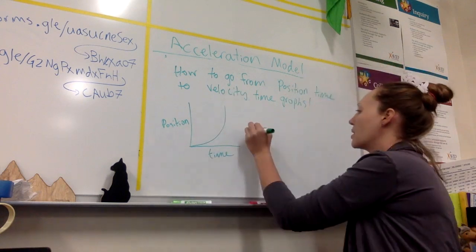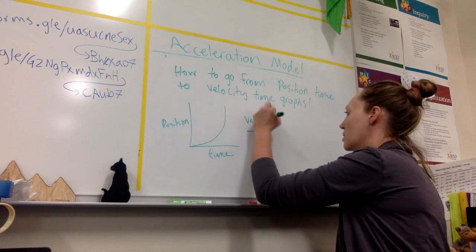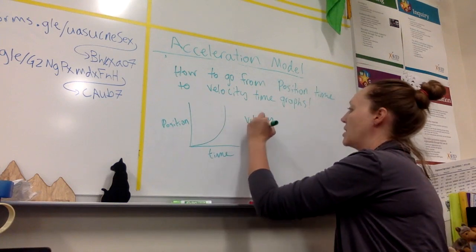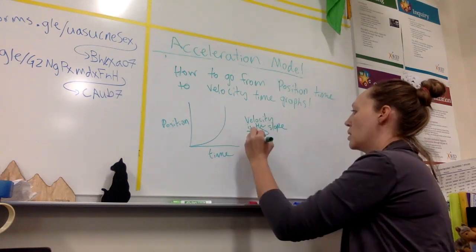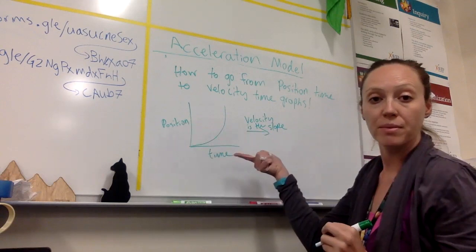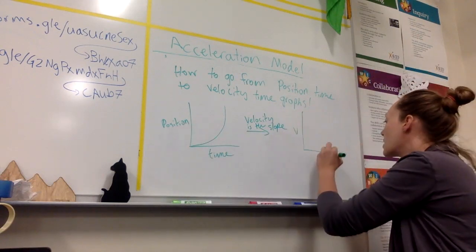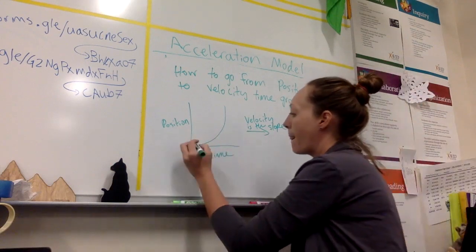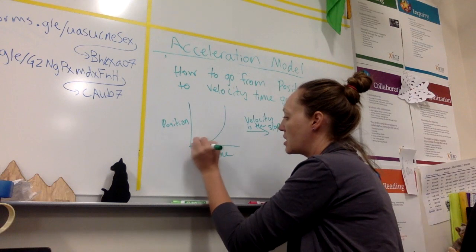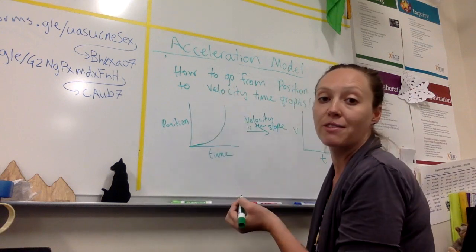So remember that velocity is the slope of a position time graph. So all I have to do to get a velocity time graph is take a look at the slope. And most of these are going to be qualitative.